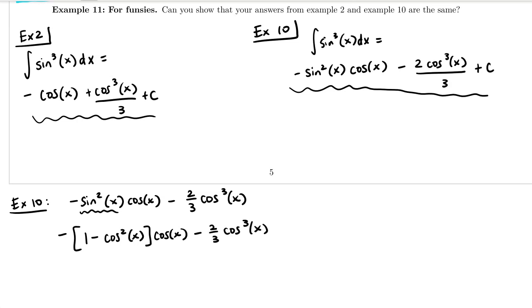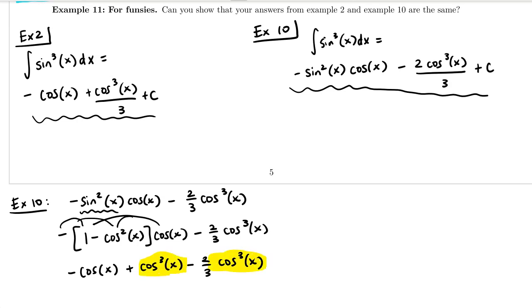And then what I can do is distribute the negative sign and the cosine into both of these. So if I distribute negative cosine in, we get negative cosine of x plus cosine cubed x minus 2/3 cosine cubed x. And notice that because these are both cubed, these are like terms, and 1 minus 2/3 is 1/3.